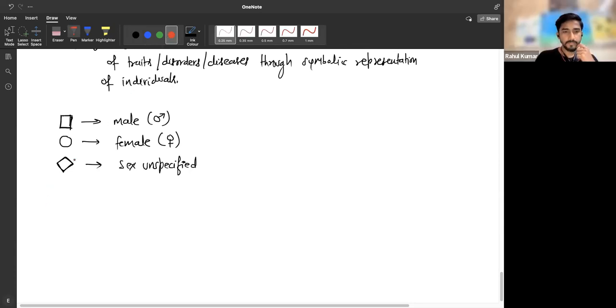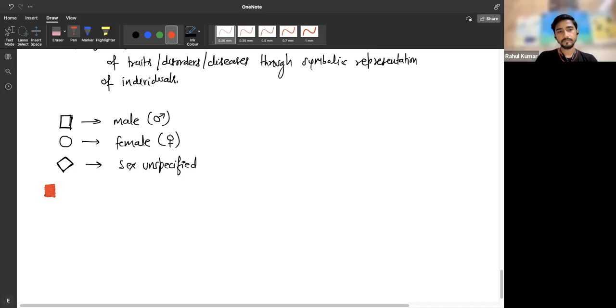Now, in most of the questions, if these three are affected, like if they are carrying a disease, they are colored. They should be red colored, but if it is a black and white paper, they make it black colored.